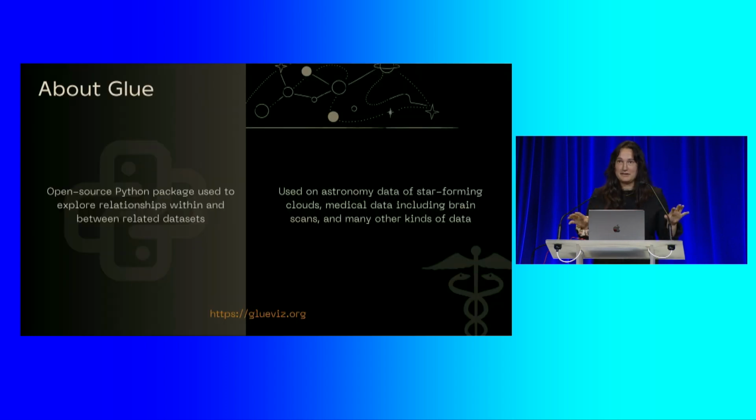So I'll just quickly present Glue for people who weren't there yesterday morning. It's an open source Python package used to explore relationships within and between related data sets. It was used first for astronomy data, and now it's used for medical and biology data.